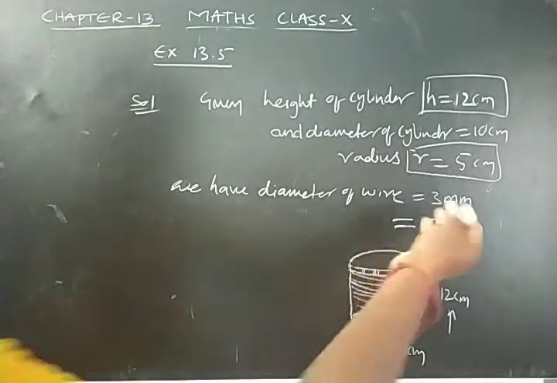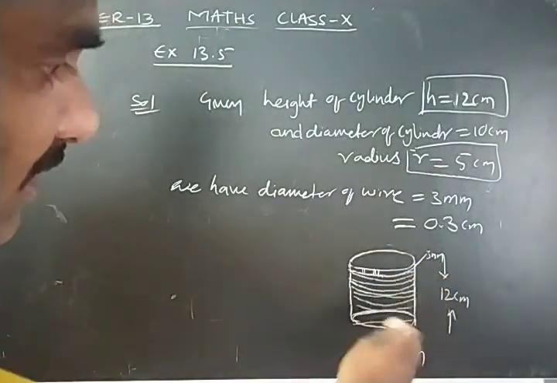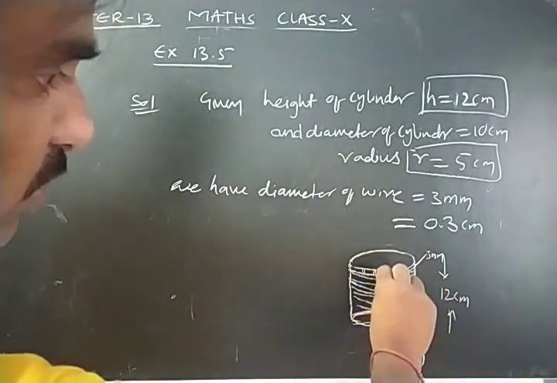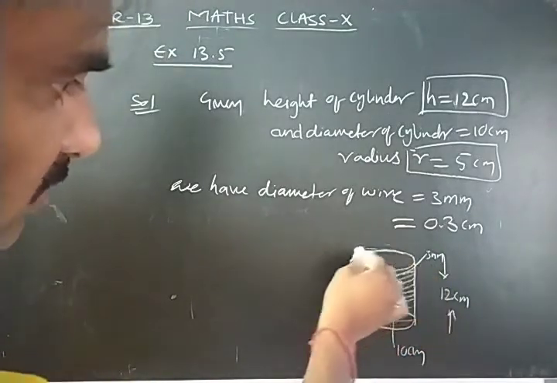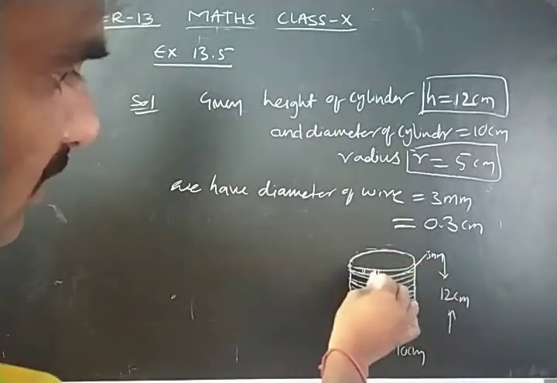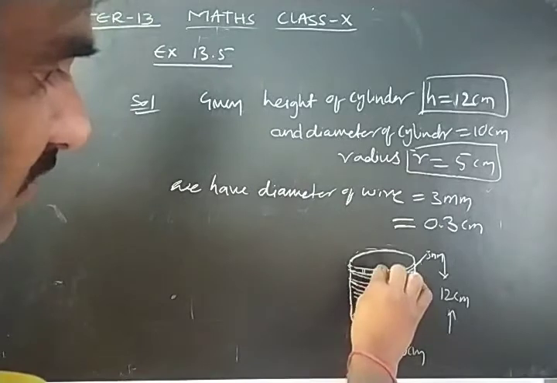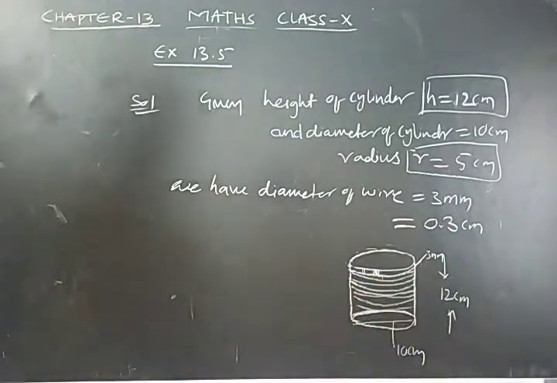I converted millimeters into centimeters. See here, for one round of the wire, it will cover a height of the cylinder equal to the diameter of the wire.